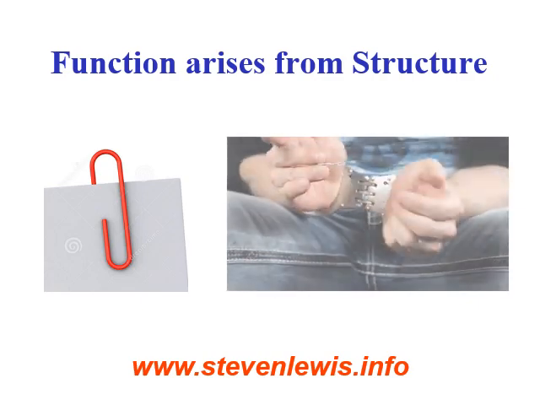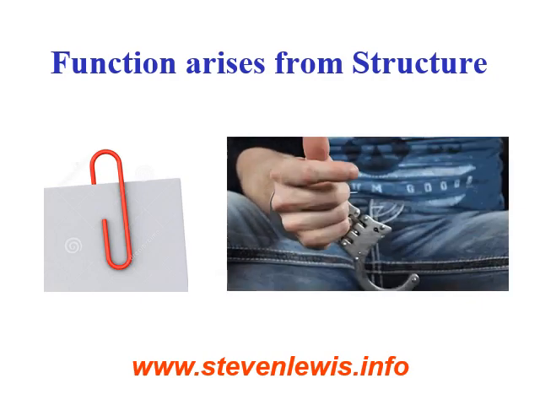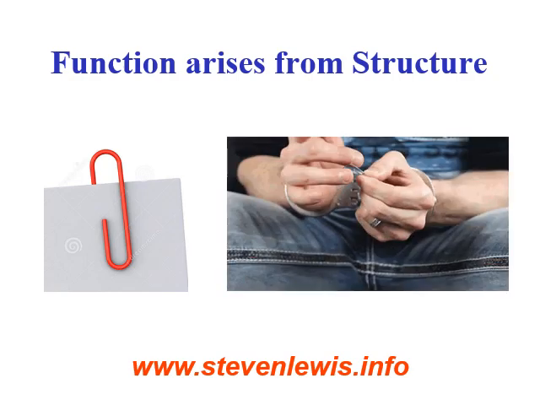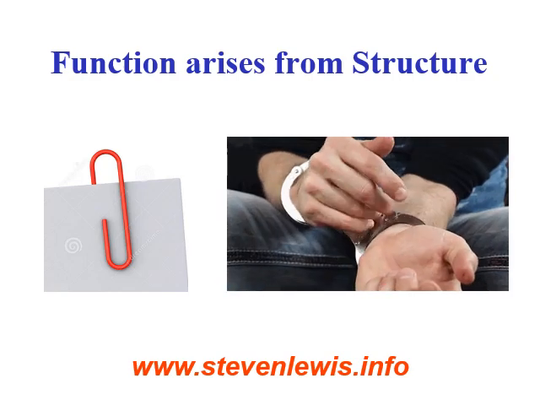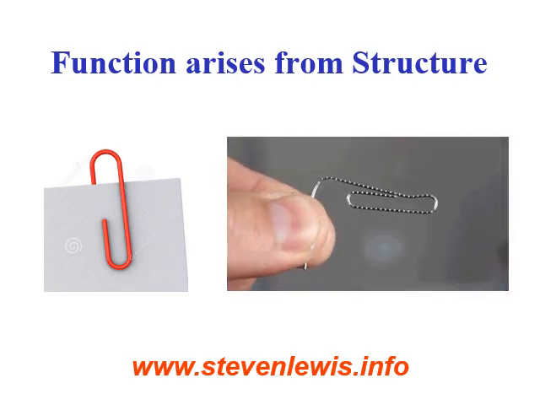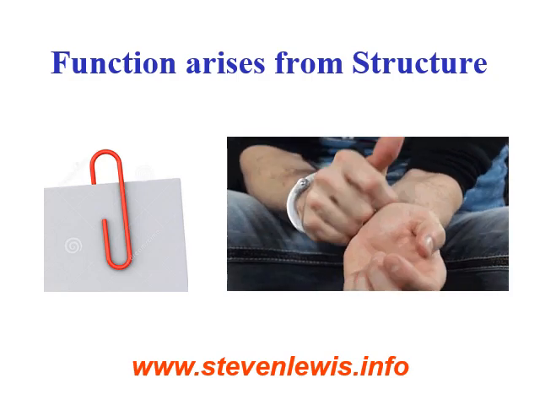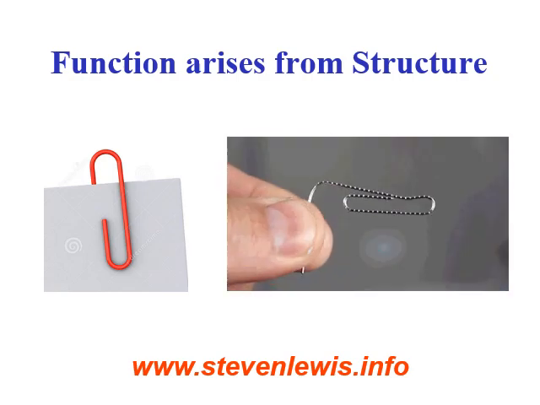The function of a protein arises from its structure. Think of a paperclip. A paperclip holds papers together. But if you change the structure of a paperclip, if you unfold it and make it a straight piece of metal, it no longer functions as a paperclip.